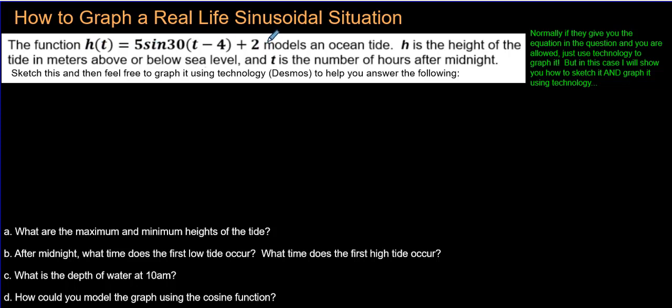But then I'm going to quickly show you using Desmos as well, just so that you can see how to model this using Desmos as well. And then we can answer all kinds of questions right down here at the bottom. Okay? Feel free to push pause if you want to see those questions, but what I'm going to do right now is start by sketching this thing.